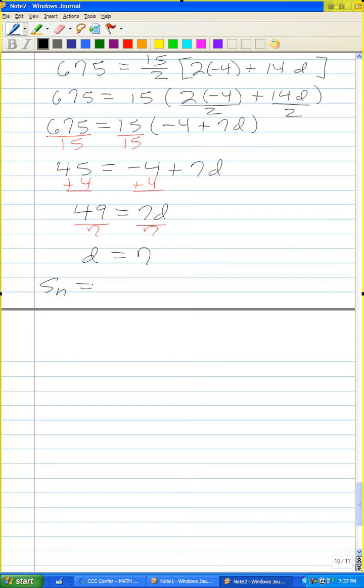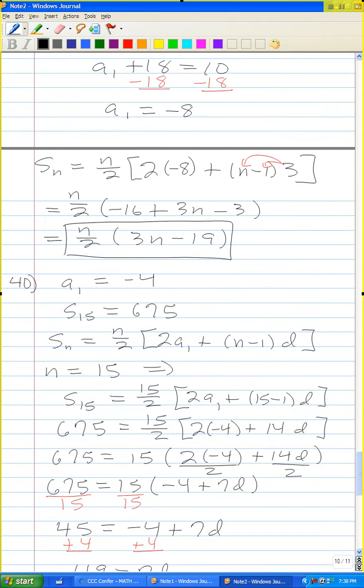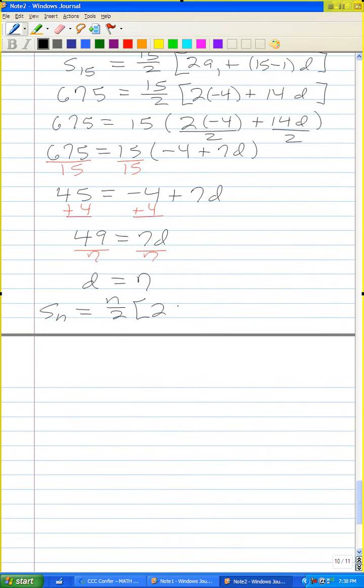So S sub n is equal to n over 2 times 2a1. But we know what a1 is. A1 is negative 4 plus n minus 1 times d, and I know what d is. d is 7. We just calculated it.